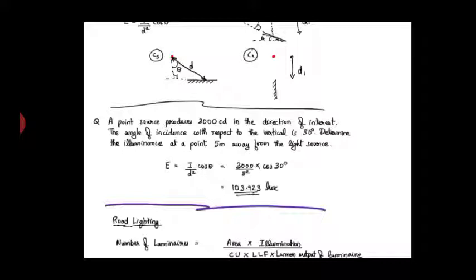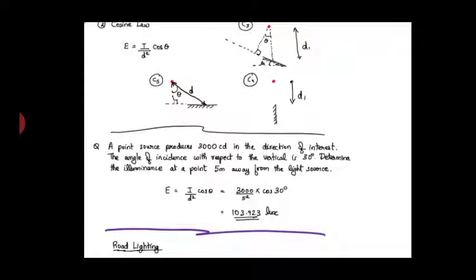A point source produces 3000 candela in the direction of interest. The angle of incidence with respect to the vertical is 30 degrees. Determine the illuminance at a point 5 meters away from the light source.